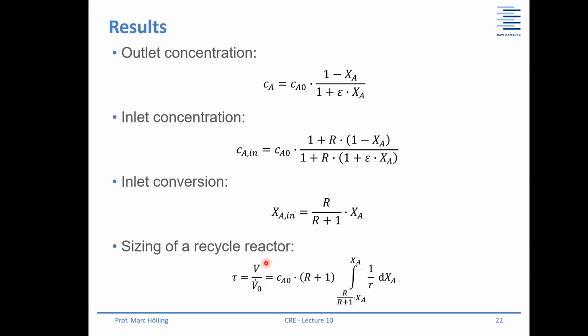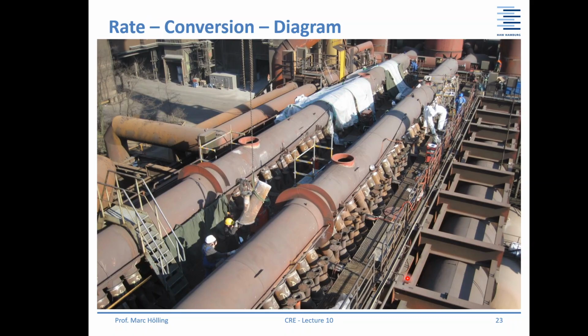And then your sizing of your recycle reactor, so your residence time, which is equal to the reactor volume divided by the initial volume flow, is the initial concentration times R plus 1, and then you have this integral here. Okay, what does it mean? This I will show you in the next video, how you can use this equation to get the reactor size with some graphical interpretation.